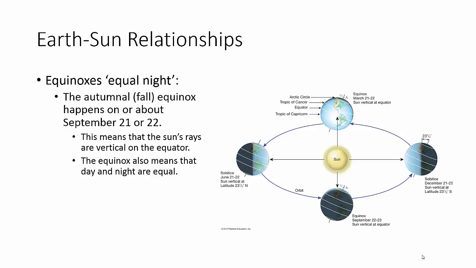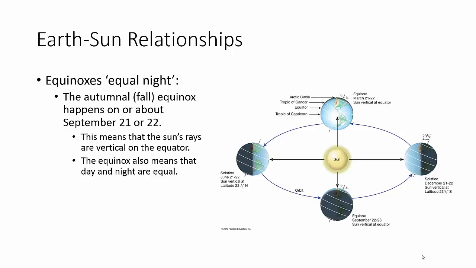Alright, moving on to equinoxes. Just like I had said, basically it means equal night. So the nights and the days are the same length. Okay. First one we're going to look at is the fall or autumnal equinox. Happens in September. So this is the bottom Earth picture, if you will. And the ray, you can't exactly see where the ray's pointing to.